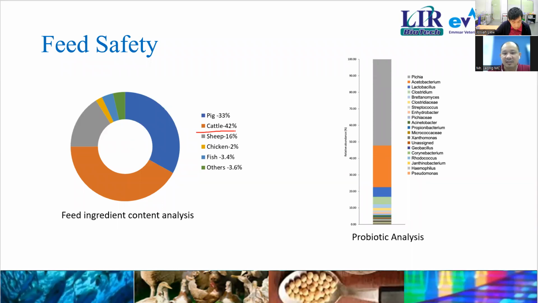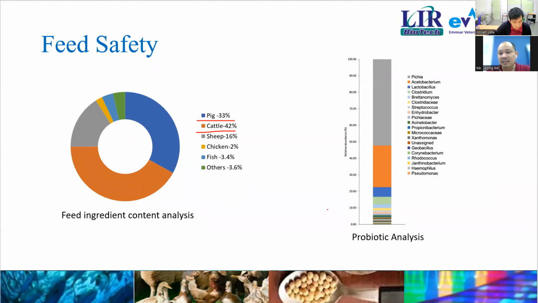Let's say some countries cannot have cattle in the ingredients. Some cannot tolerate pig, like in Malaysia, because of religion, the feed is prohibited from containing porcine content. So the screening of raw material for this authenticity can be done using molecular tools.